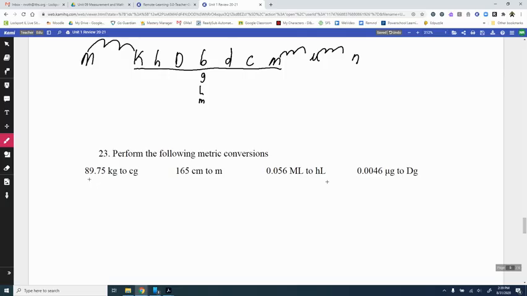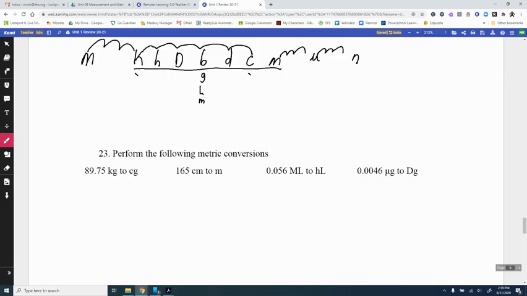If we have 89.75 kilograms to centigrams, we first have to find kilograms right there. Then we find centigrams right there. Then we determine how many places are between them: 1, 2, 3, 4, 5. So 5 places, and we moved from the left to the right.